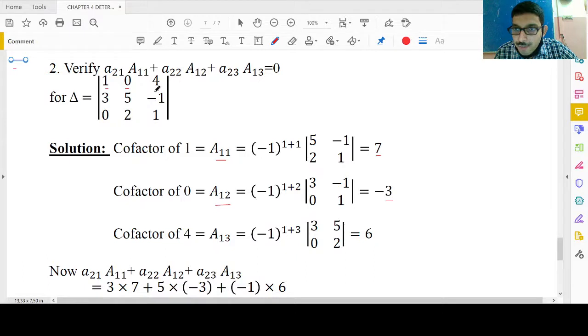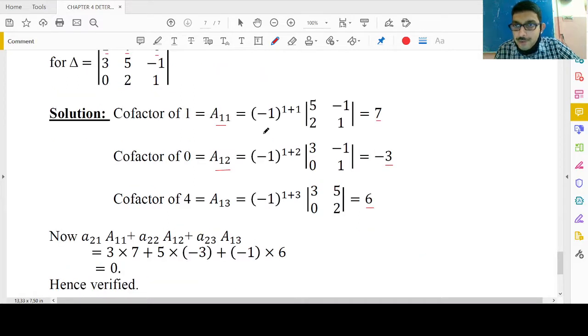And cofactor of 4 is a13, that is first row, third column, so it is minus 1 to the power 1 plus 3, delete first row, third column, so 3, 5, 0, 2, so it will be 6. Here it is positive, so there won't be any change, same as the value of the determinant.